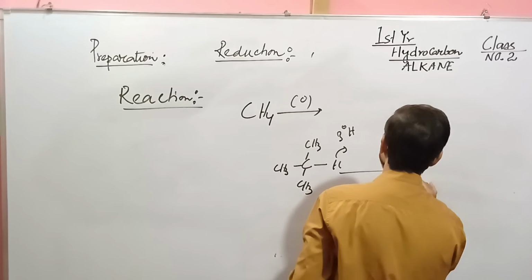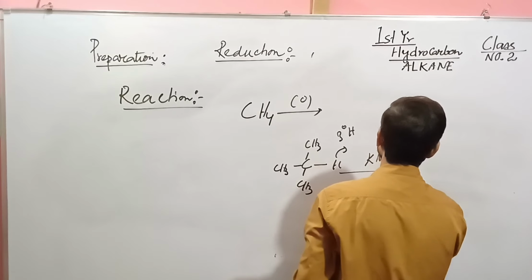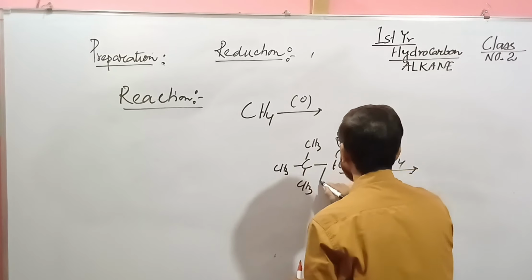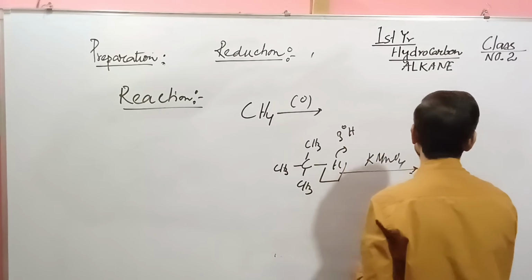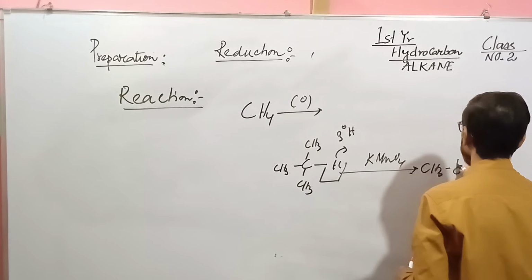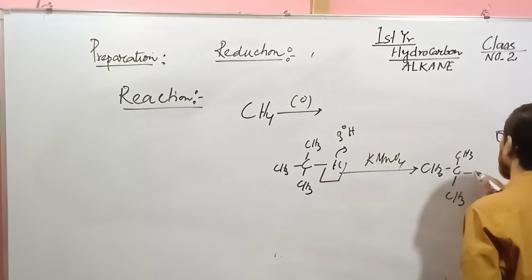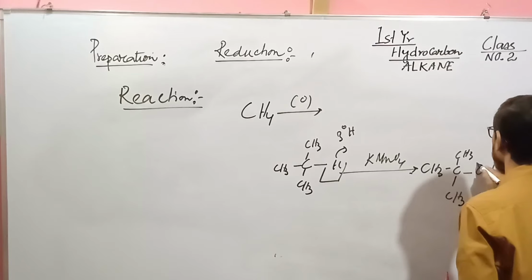In this case, if you use KMnO4, the answer will be just one O added: CH3, C, CH3, CH3, OH.